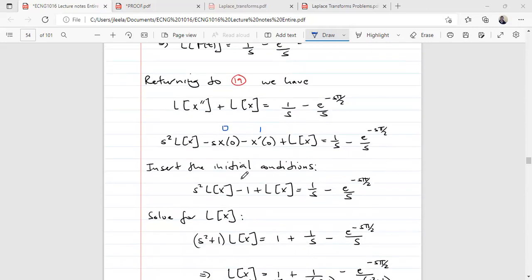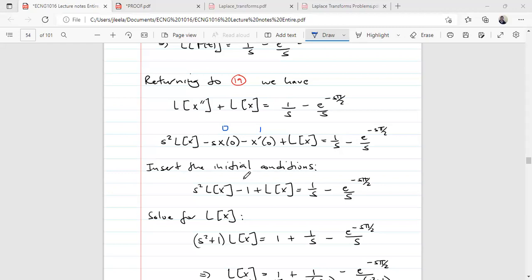So we're using the Laplace of derivatives here now, which we just went through, right? So x double prime, the Laplace of that is s squared the Laplace of x minus s x naught minus x prime naught, plus the Laplace of x is equal to 1 over s minus e to the minus s pi over 2 divided by s, right?